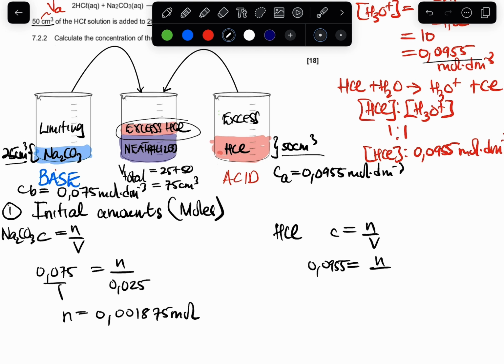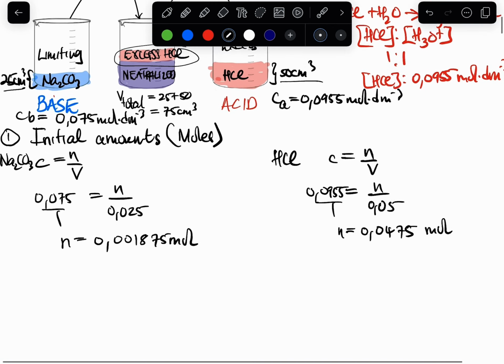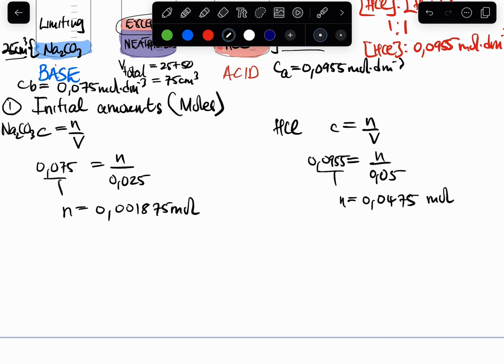The volume is 50. When we divide it by 1000, we convert it into cubic decimeter. It's going to be 0.05. We cross multiply. The number of moles will be 0.0475 mole. Now, these are the number of moles available, or initial number of moles.